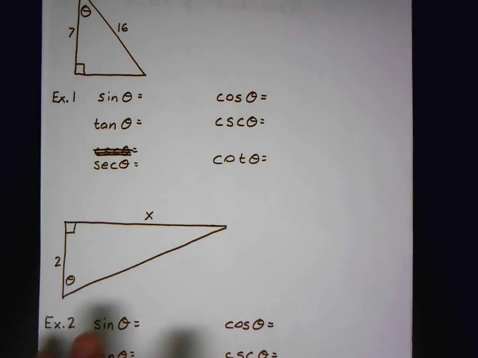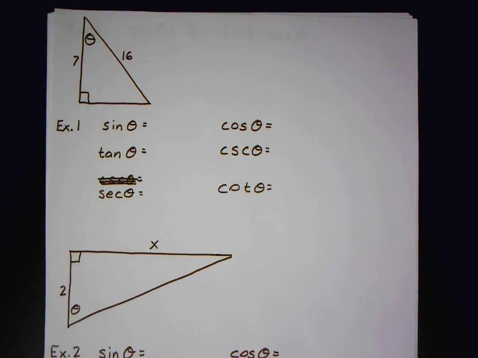All right, let's do a couple examples. Just start off basically. Normally you're only going to be given two sides, so you have to find the third side, which is where the Pythagorean theorem comes in.